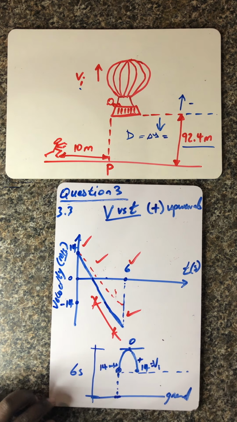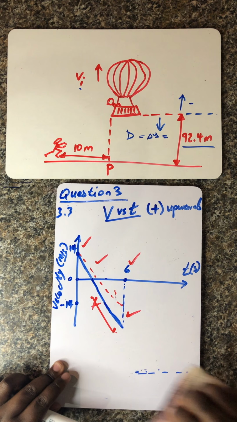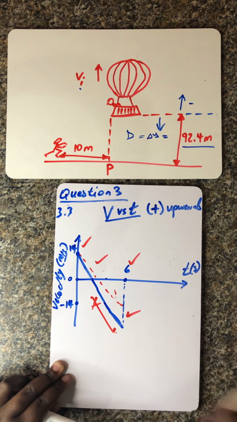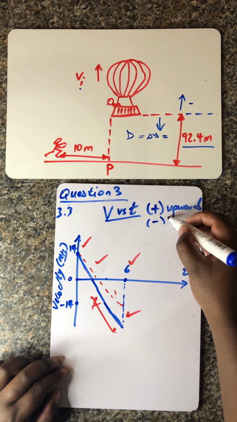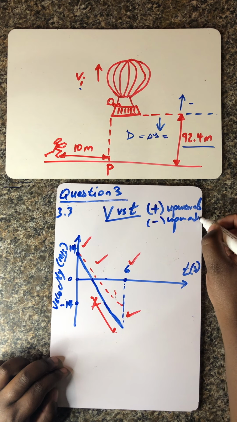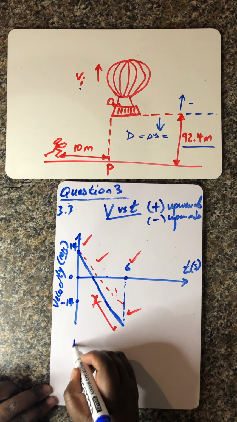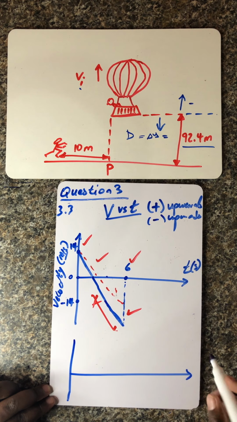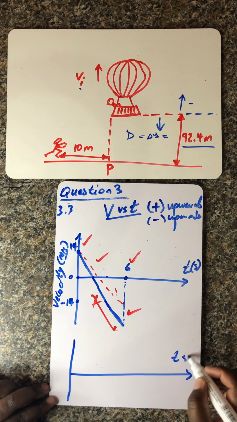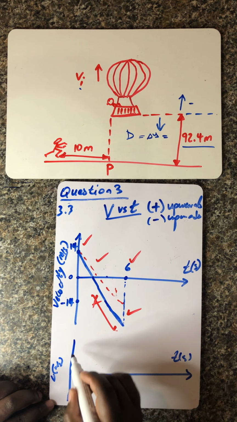So it's easy if you assumed upwards as negative, let's say negative upwards. Nothing complicated, ladies and gentlemen. You just draw this the very same way that you did. It's only t there in seconds, v there in meters per second.